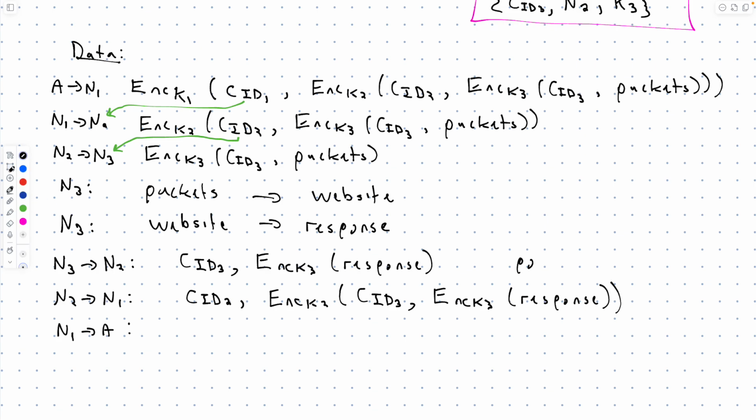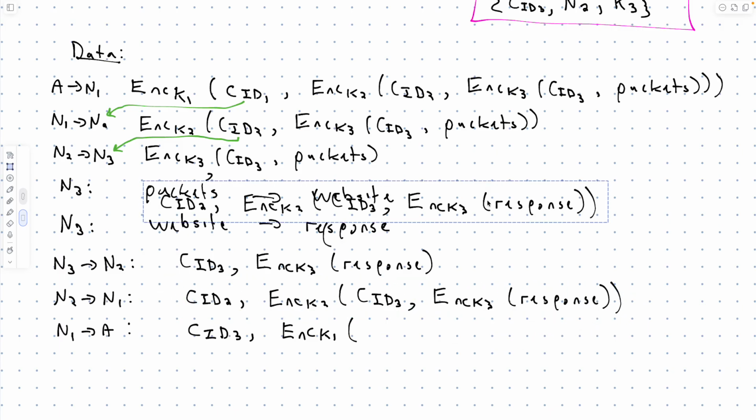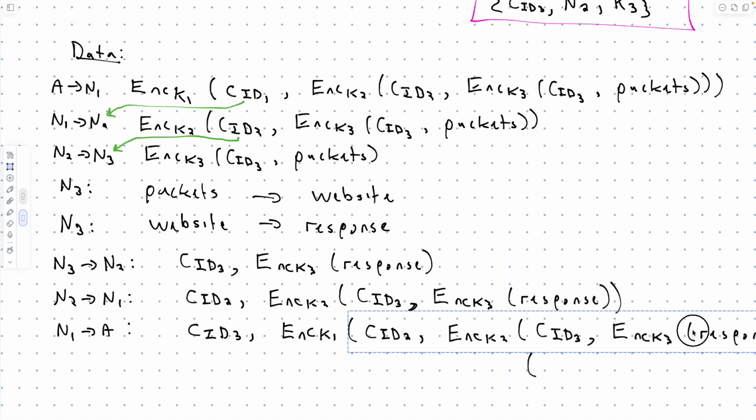And then I do the same thing here, CID3. I encrypt under K1. And the thing I'm encrypting is everything I just received. And actually, when I do this, if I want to, I can drop the CIDs. I don't have to include them.